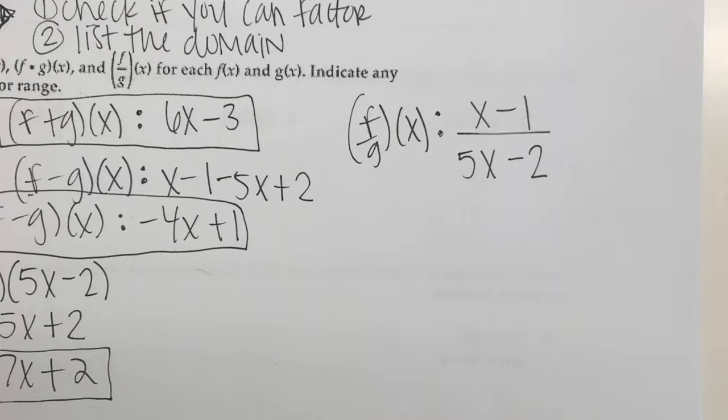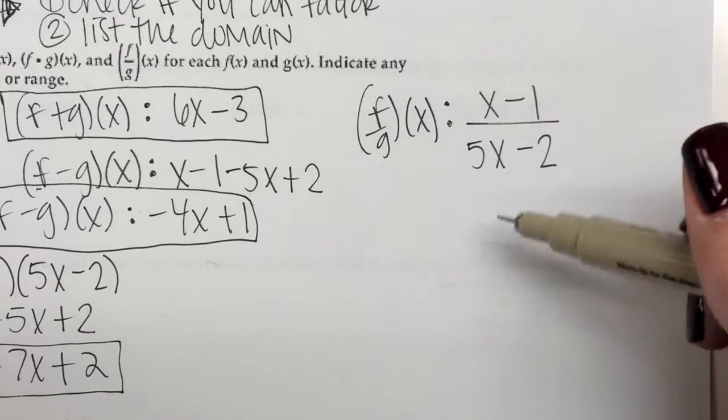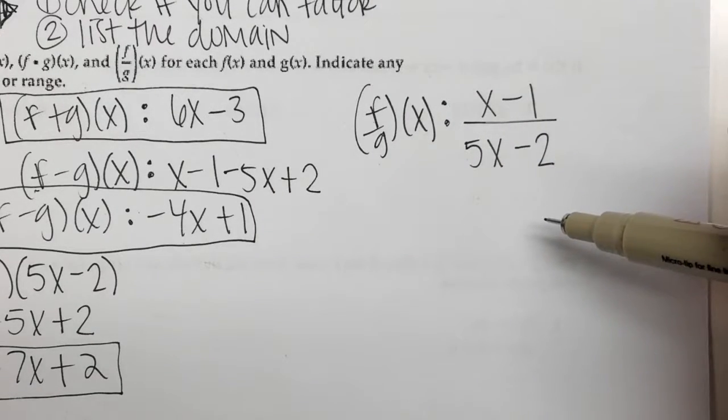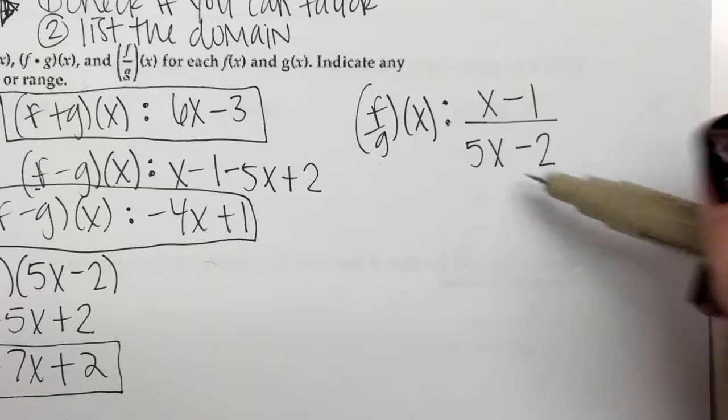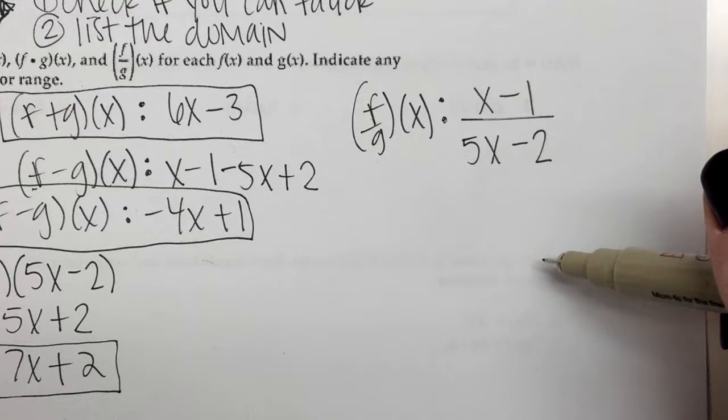Y'all know this. 0. Right? You can't have 0 on the bottom of a fraction, because can you divide numbers by 0? No, it would be undefined. So we have to figure out, okay, what number could I plug in for x that would make the bottom 0? So how do you think we could find that? How do you think we could find something to plug in here that would give you 0 on the bottom?